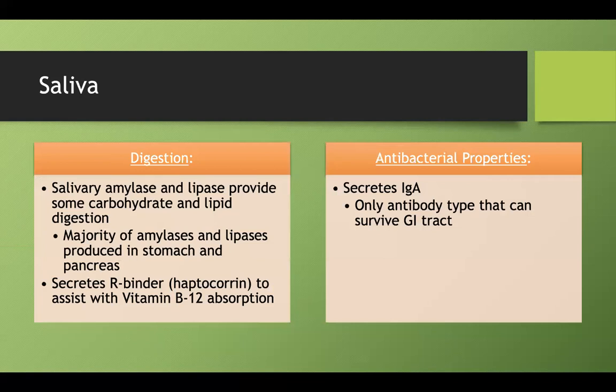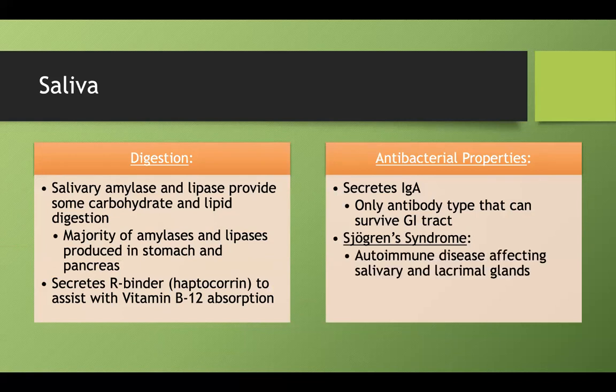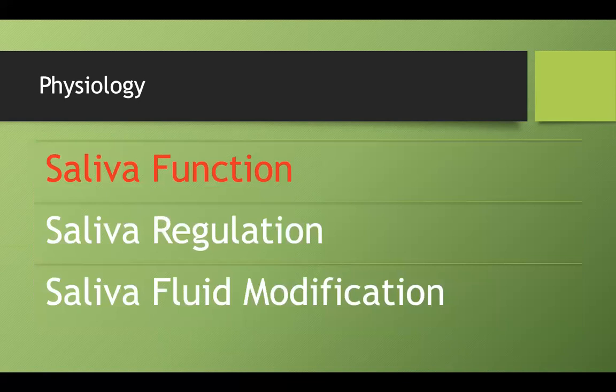One clinical consideration I want you to think about when you think about saliva is that Sjogren's syndrome is a disease without saliva or with decreased saliva output. For that reason, you can imagine that you'll have an increased risk of dental infections and cavities and things of that nature because you don't have the antibacterial properties that saliva gives to us.